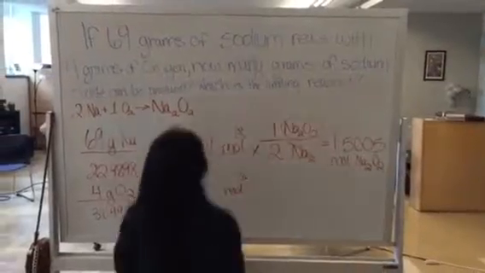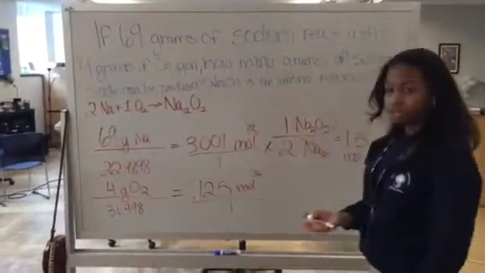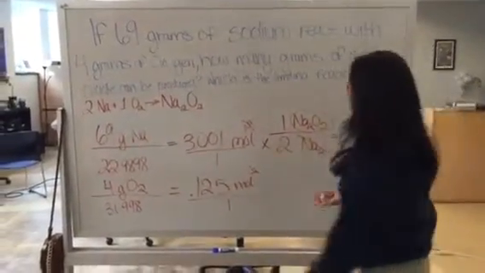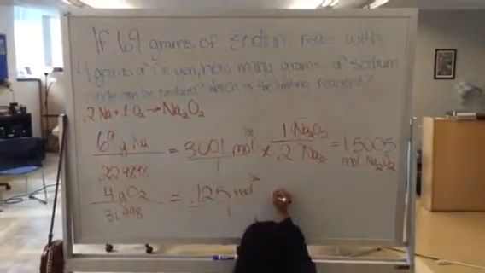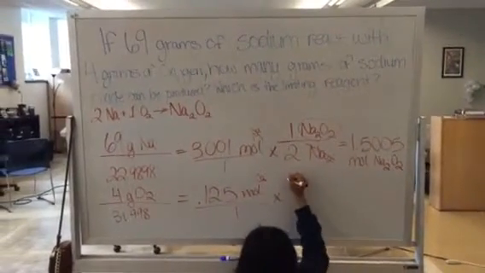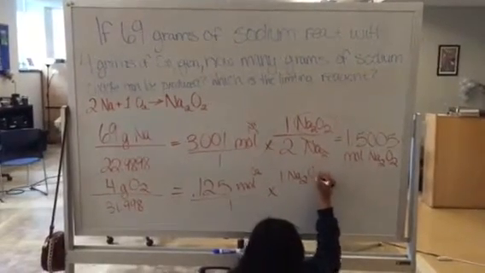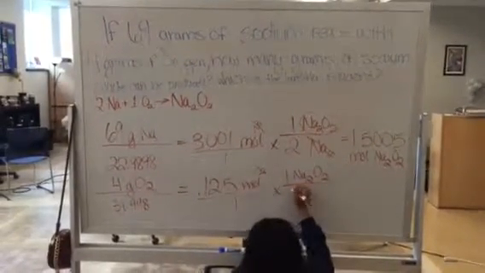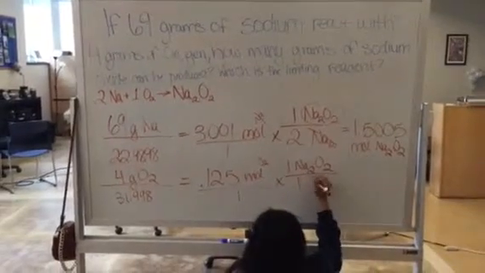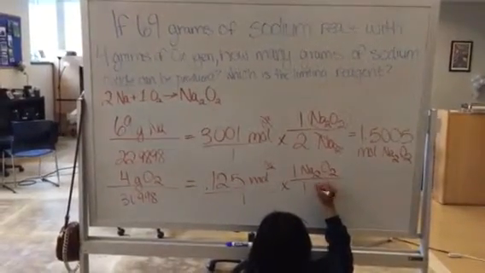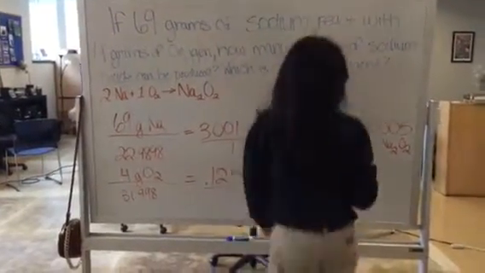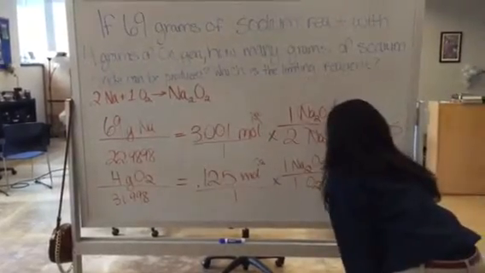That's over 1. Your next step is to multiply by the mole ratio. You're doing the amount of Na2O2 to the amount of oxygen, which is 1 O2.